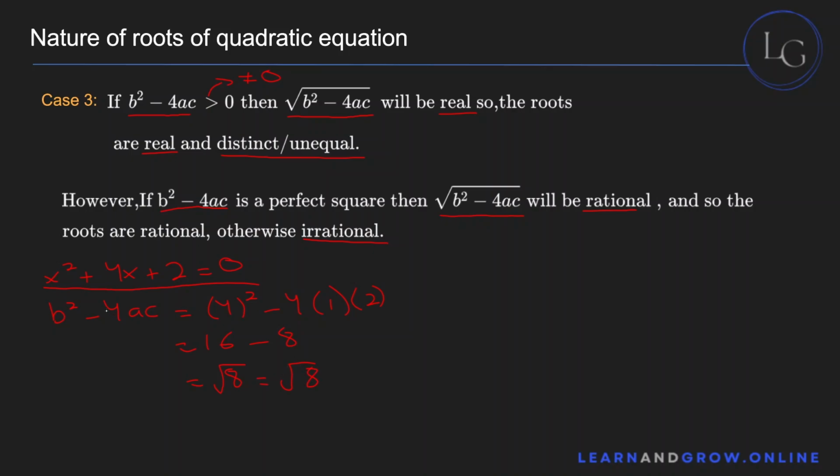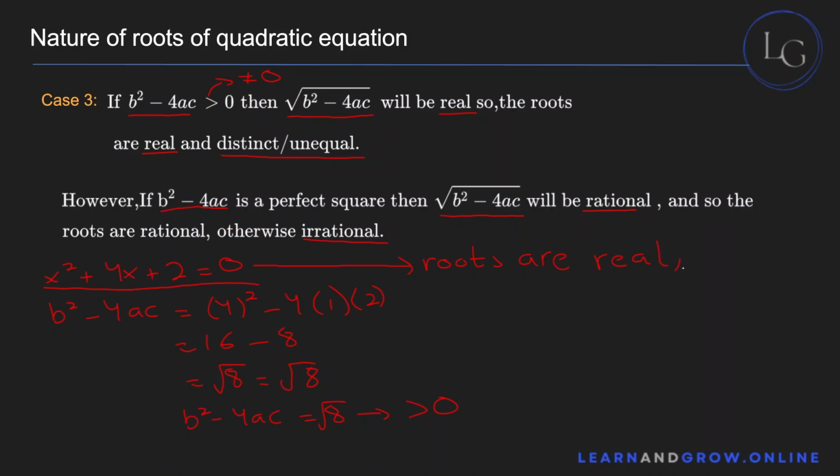So the roots of this equation, well, under root 8 is a positive number. So b square minus 4ac is basically under root 8, which is greater than 0. So the roots are real. This is case 3.